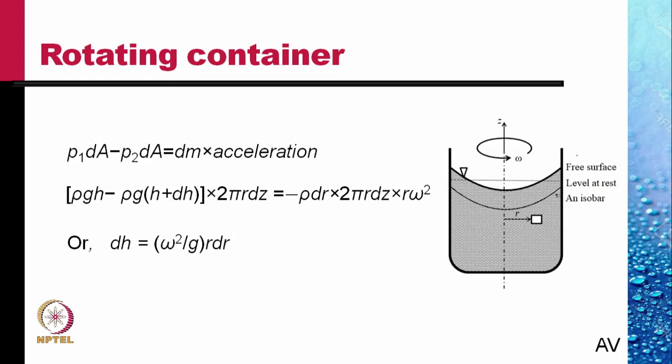And so on simplifying this, we get dh is equal to omega square by g r dr. And so by integrating this and using that at r is equal to 0, the depth is h0, we get this equation for the free surface. This clearly is parabolic.